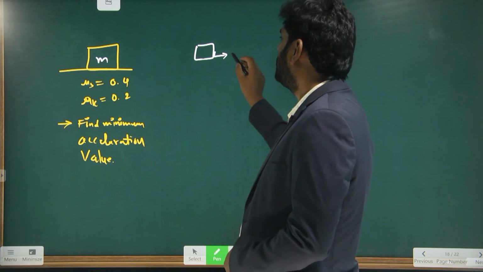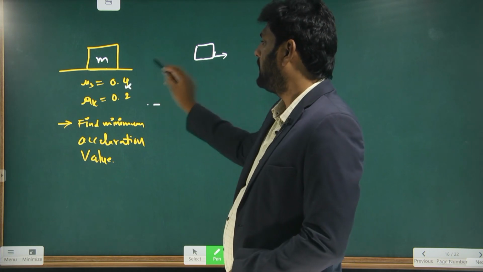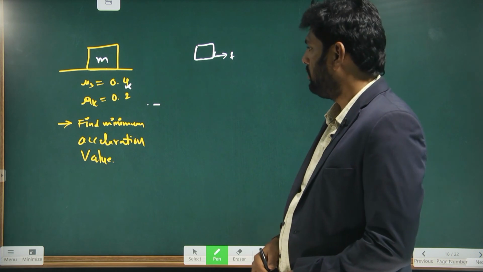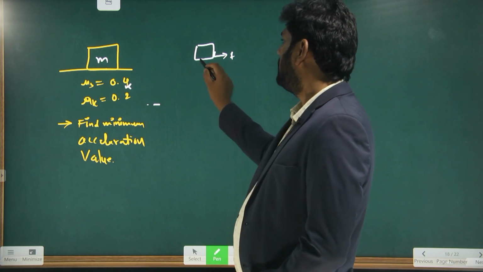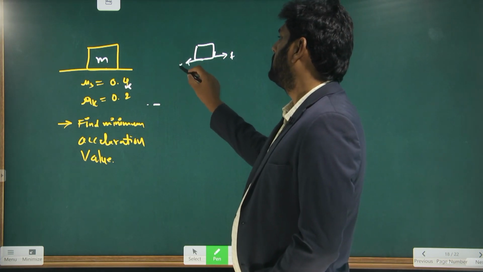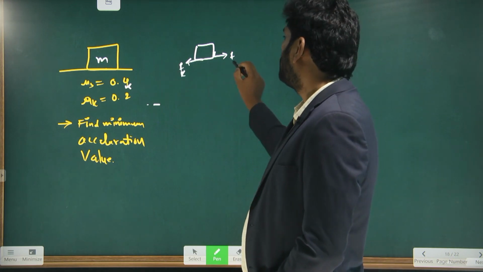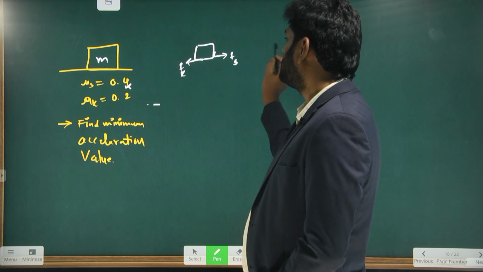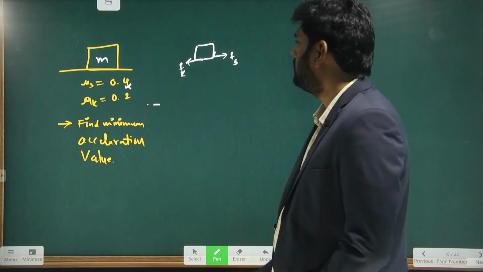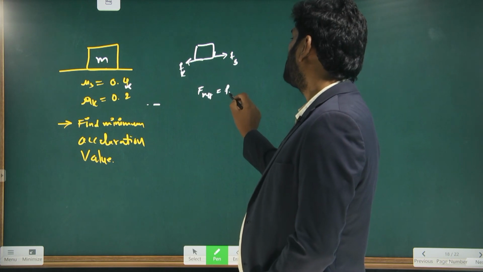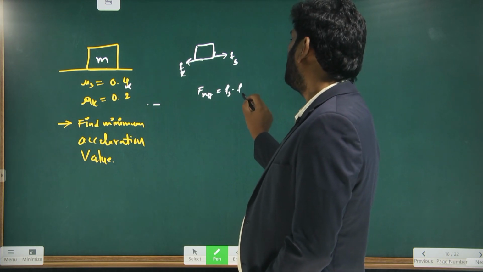We need to give the maximum static friction. When it starts sliding, what friction will act? Kinetic friction will act. So maximum static friction is in this direction, kinetic friction is in this direction.